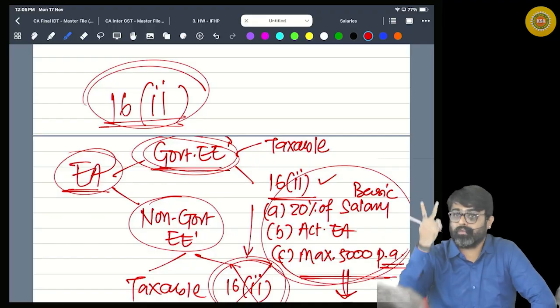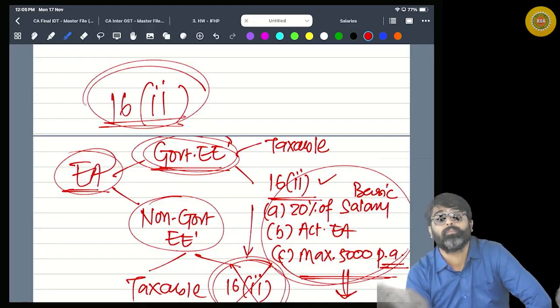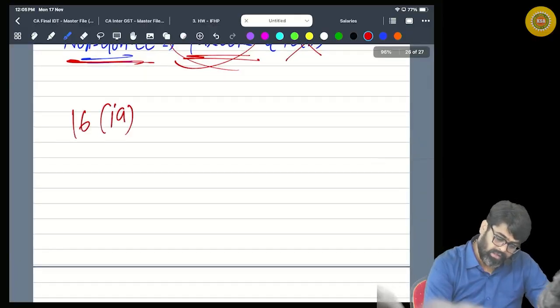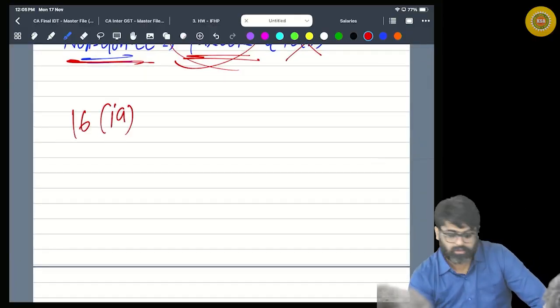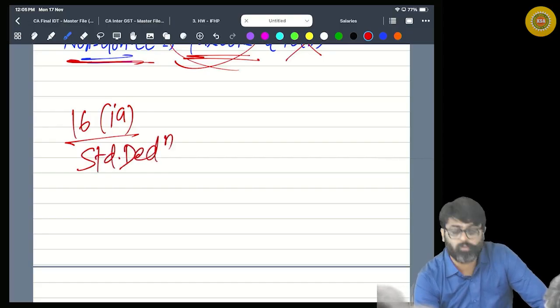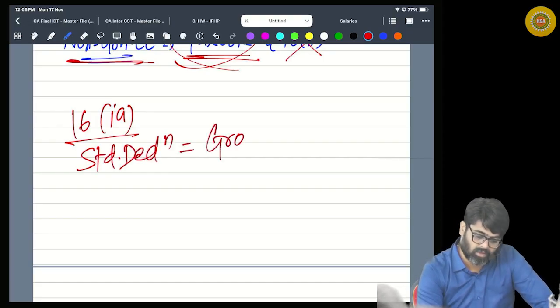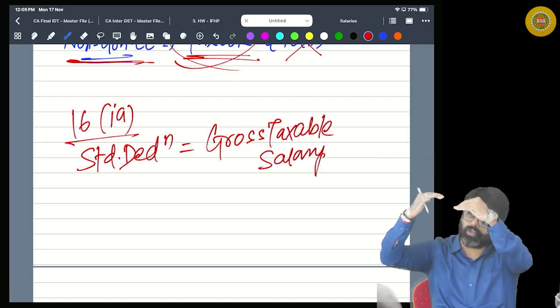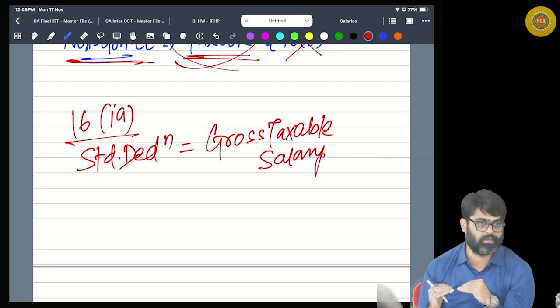Yes or no? Now there are two more deductions: 16 clause 1A and 16 clause 3. 16 clause 1A talks about standard deduction. How much is the standard deduction? See, whatever gross taxable salary you calculate, from that gross taxable salary you are going to get this deduction.